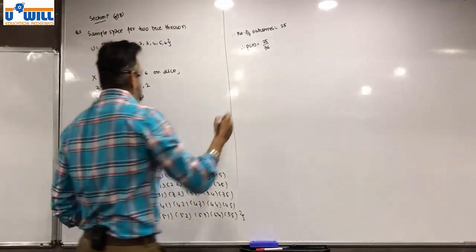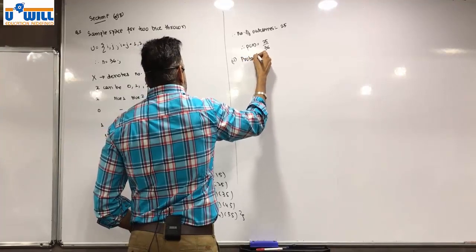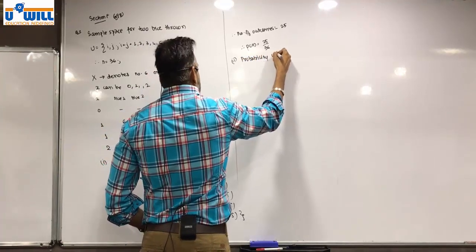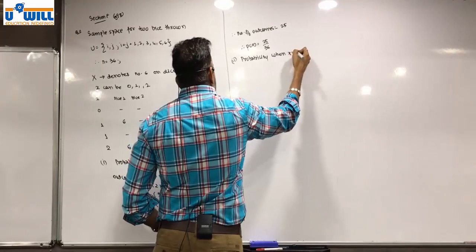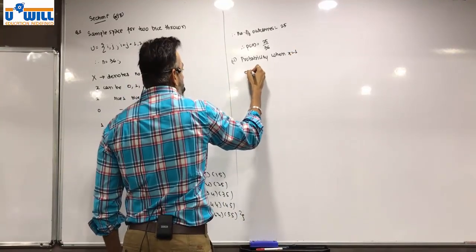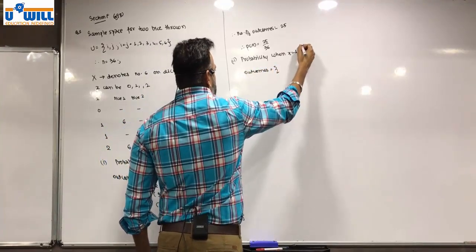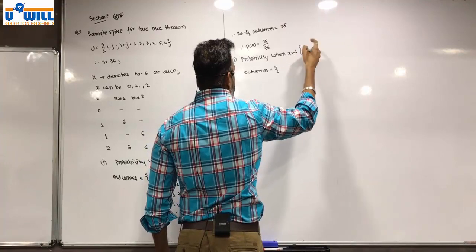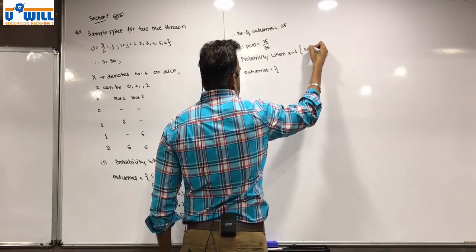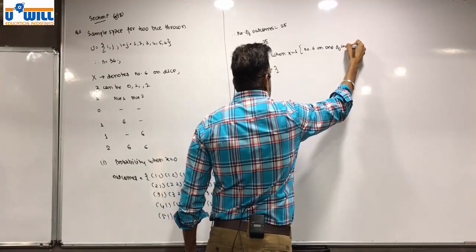Okay. Now second, probability when x is equal to 1. Therefore, outcomes is equal to, let me write, x is equal to 1, that is number 6 on one of the dice.